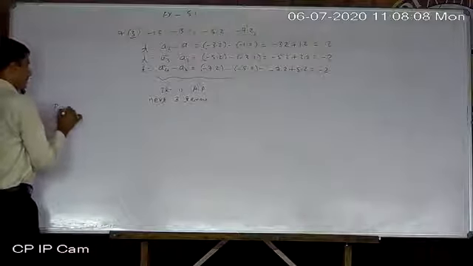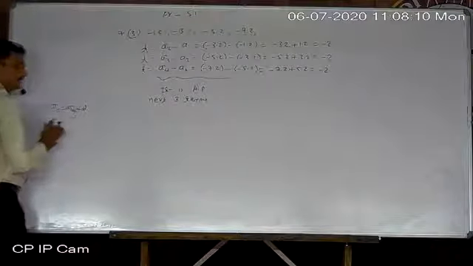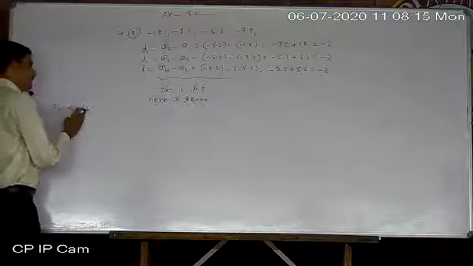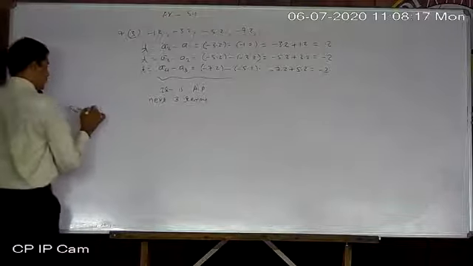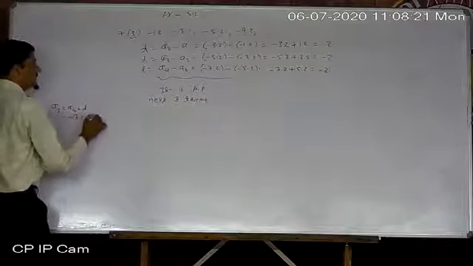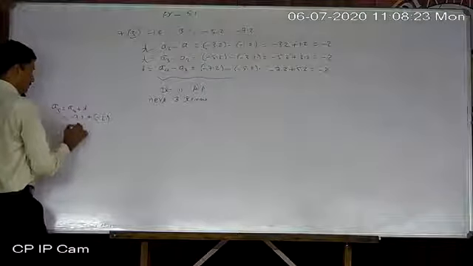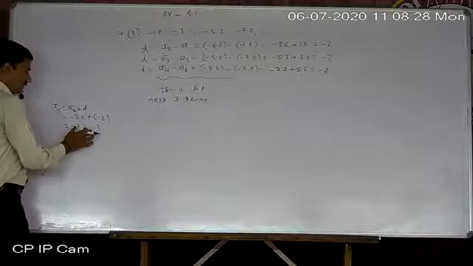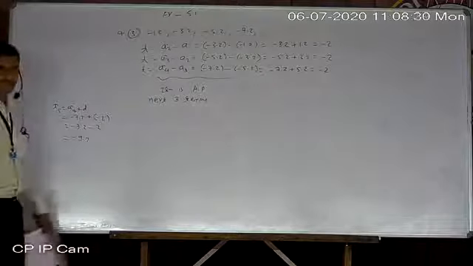A5 is equal to nothing but A4 plus D. Next term can be found by adding D in previous one. So is equal to A4, minus 7.2 plus minus 2. So minus 7.2 minus 2, minus 9.2. You know, same sign addition, at last bigger sign.